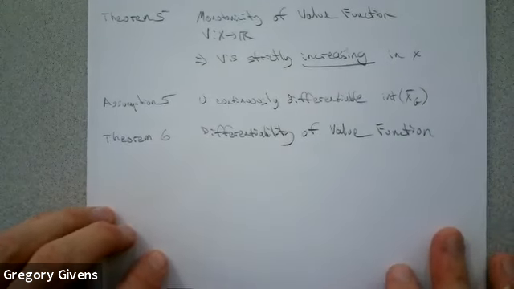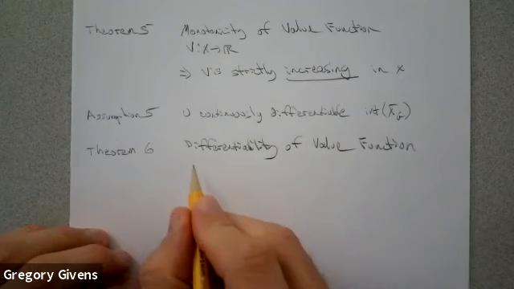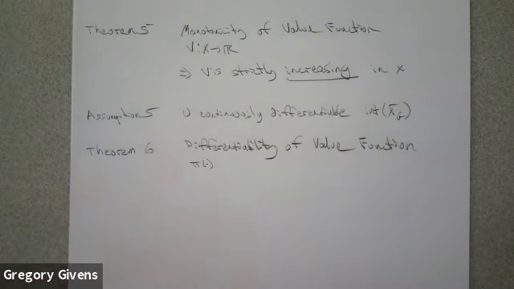So let's suppose again that assumptions 1, 2, 3, 4, and now 5 hold. And we're going to remember what pi is. Pi is the optimal policy function defined in that corollary, which, if followed over time, achieves the maximum of the Bellman equation.